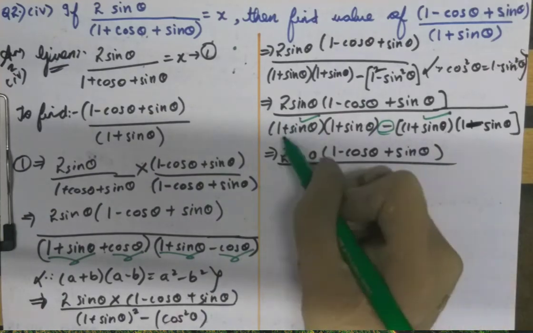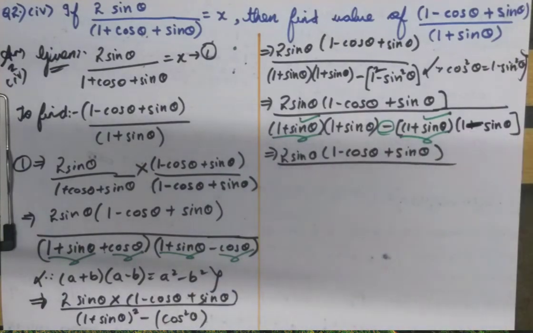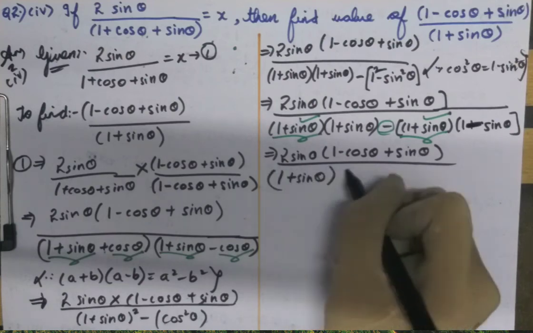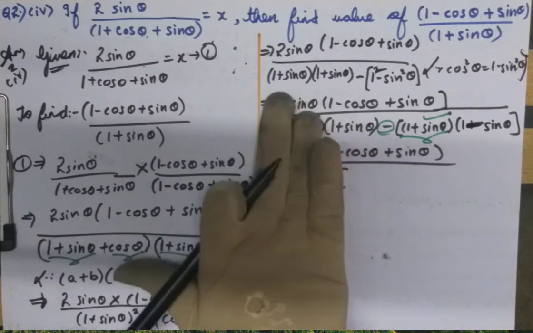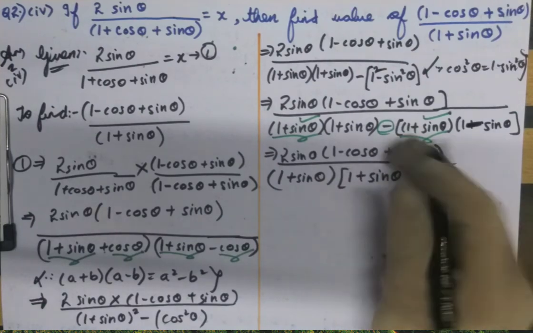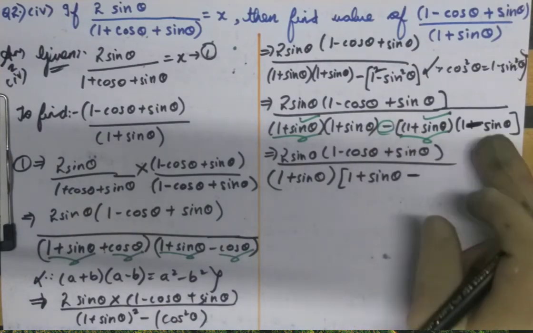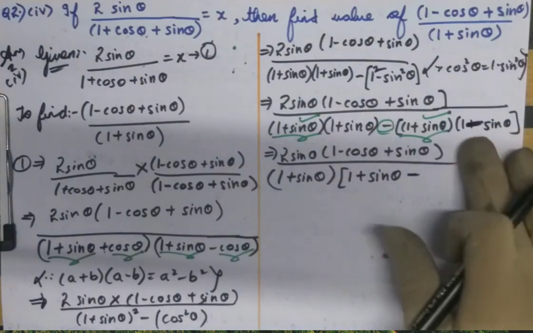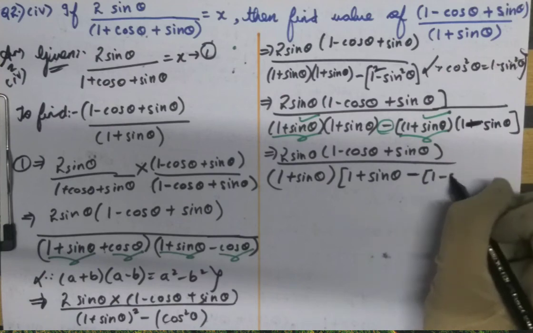So what we can do, we can take 1 plus sine theta common out. If I take 1 plus sine theta common here, what is left at this side? Only 1 plus sine theta is left. And then we have minus, and here, if I took 1 plus sine theta common, 1 minus sine theta is left. Minus (1 minus sine theta).